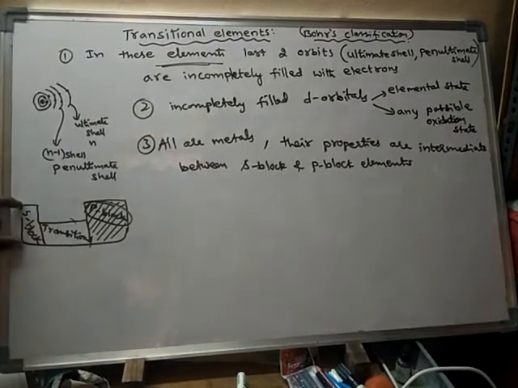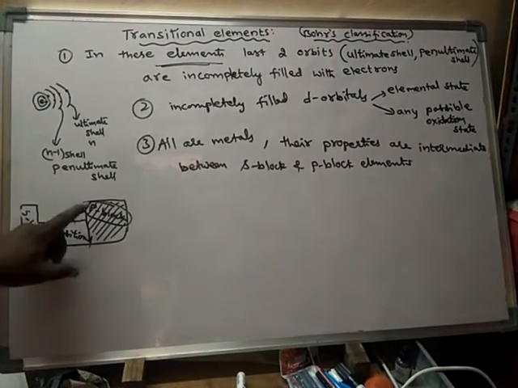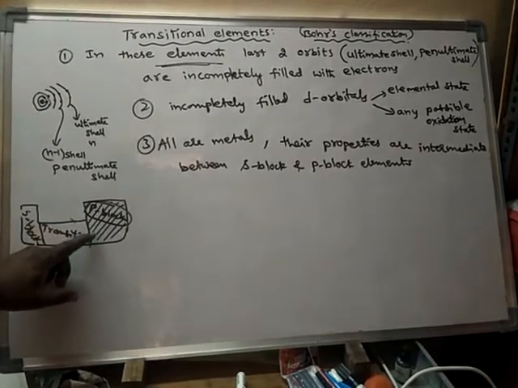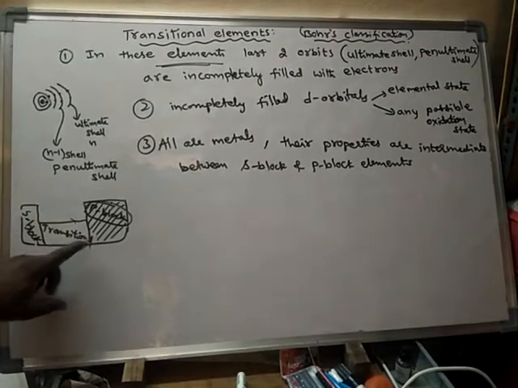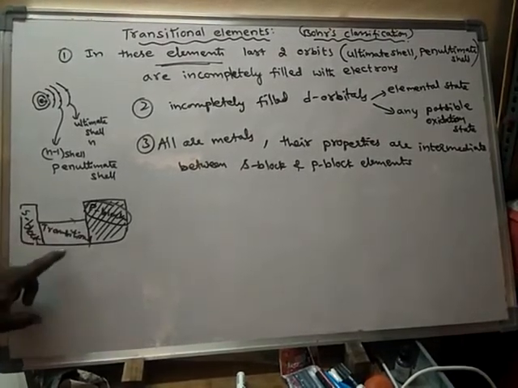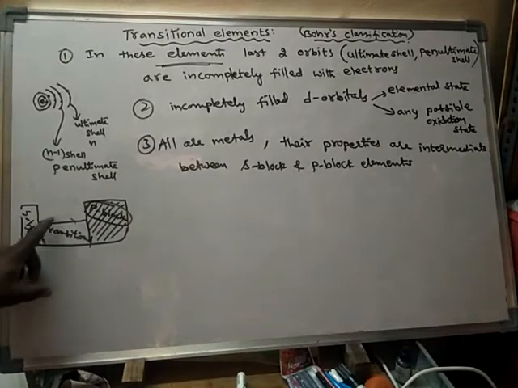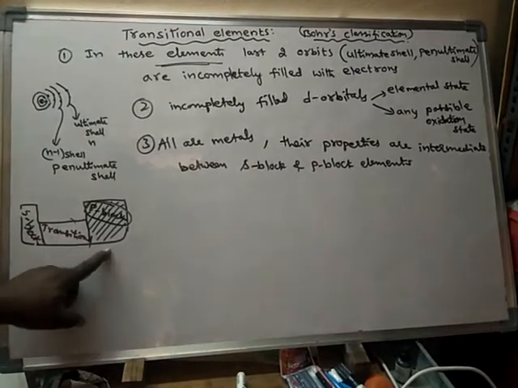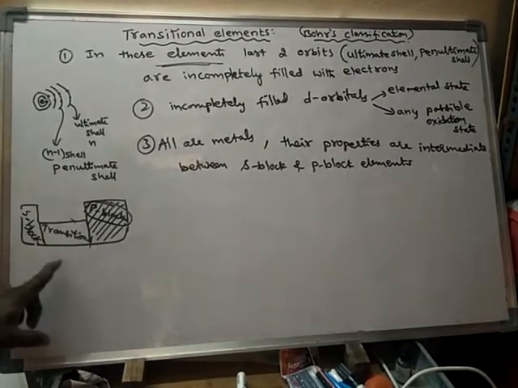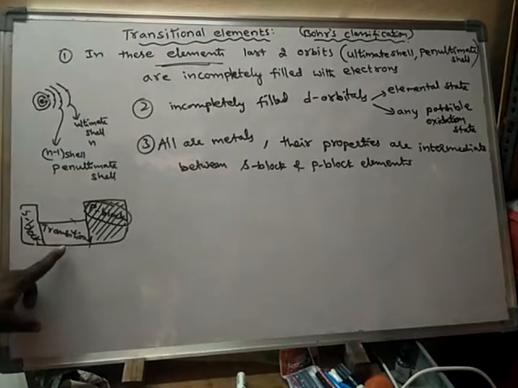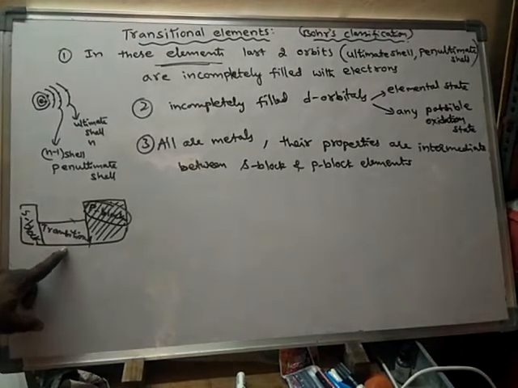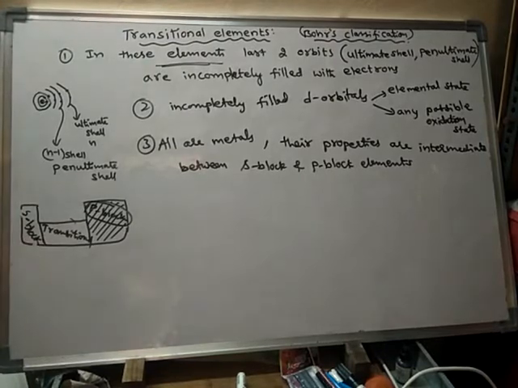S block elements are strong metals, whereas p block elements contain weak metals, metalloids and non-metals also. But transitional elements are intermediate between strong metals and weak metals. That means they are somewhat weak, but not as strong as s block elements.